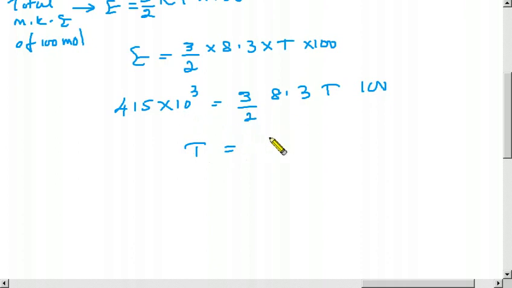If we solve this statement, we get 1000 divided by 3 in Kelvin. So now we know temperature, then volume we know, 1 cubic meter.